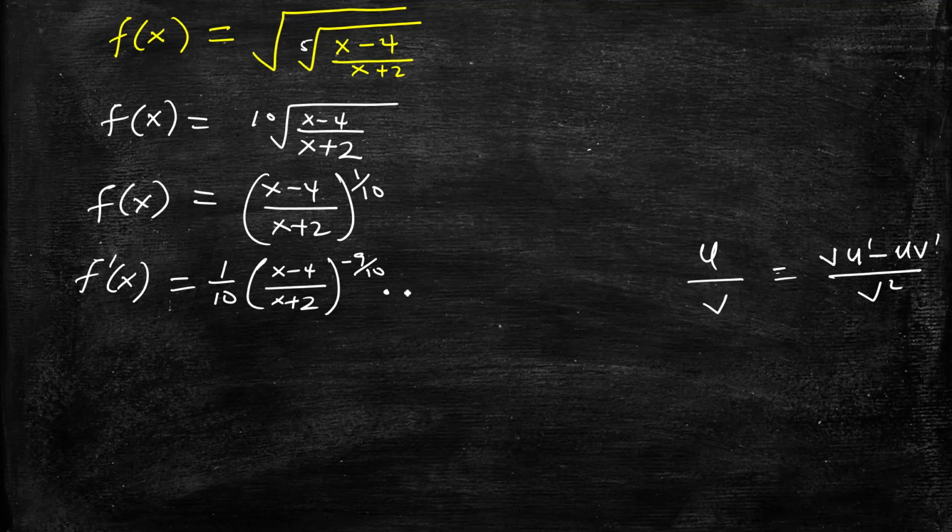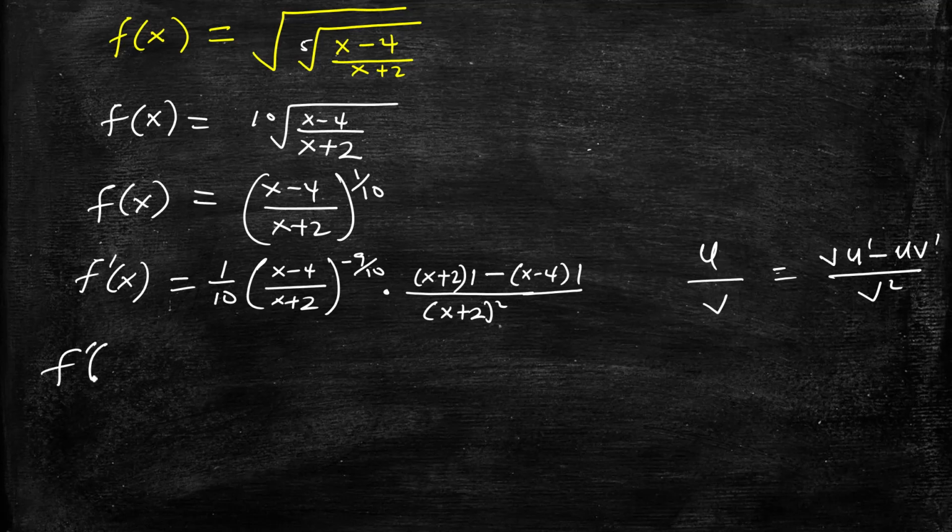So this side I will square the denominator, keep this, differentiate the top one, so this side becomes 1, minus I'll keep the top and differentiate the bottom one, so that one will be 1.